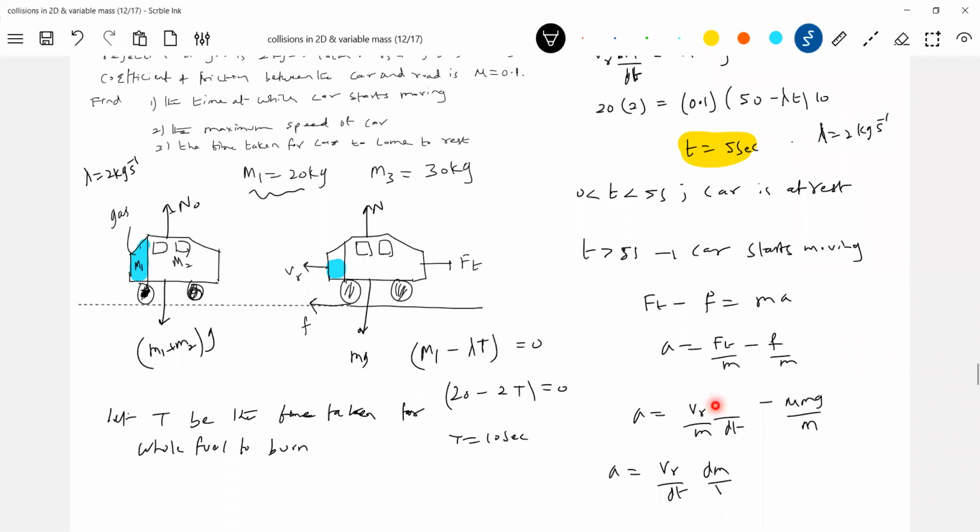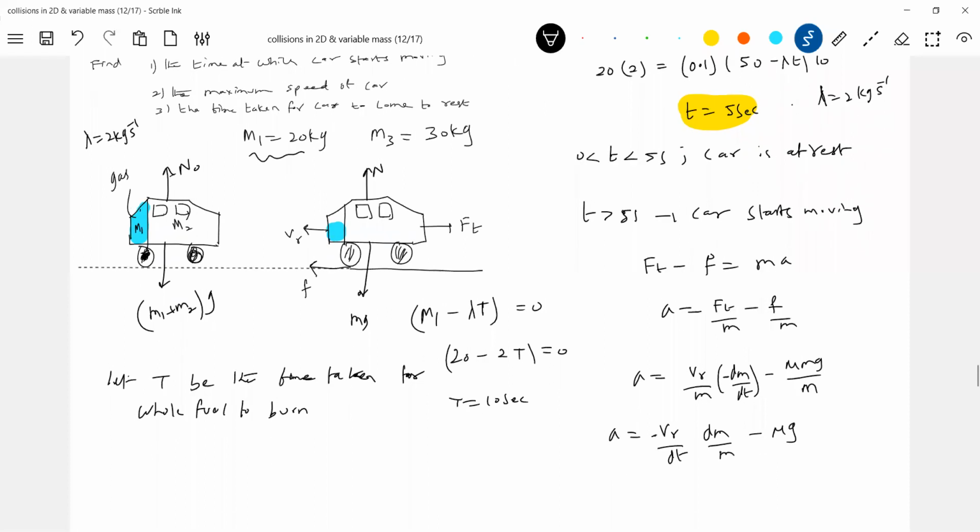Recollect the very first rocket propulsion, the same equations I'm bringing here, minus mu g. So what is the acceleration now?